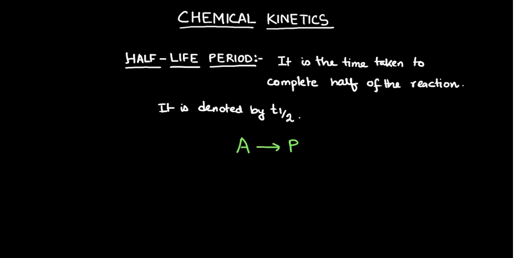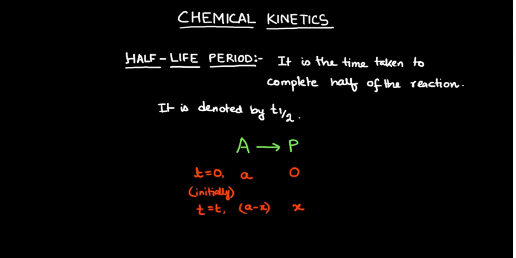Now let us suppose a general reaction like this, A to product. We have already discussed that at time t equal to 0, that means initially, if the concentration of the reactant is A, the concentration of the product is 0. After a certain time t equal to t, let the concentration of the product be x. So what is the concentration of the remaining reactant? It is A minus x.